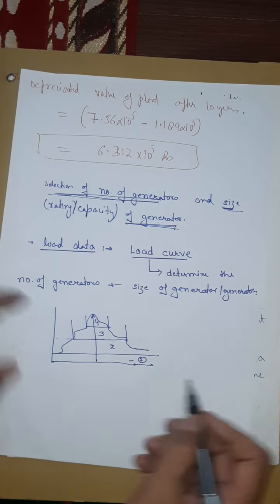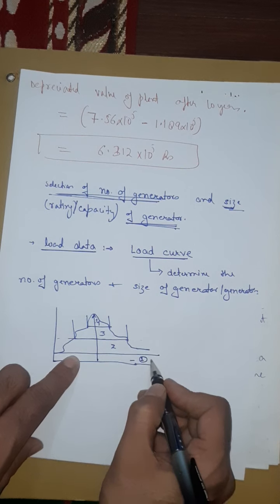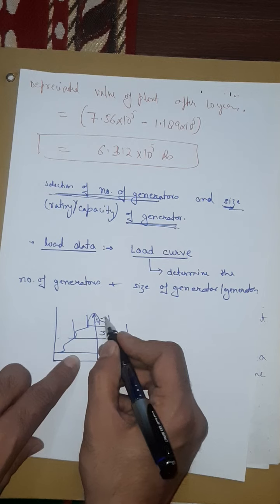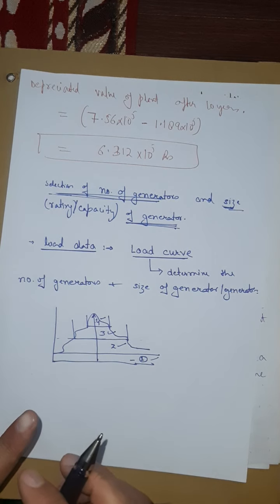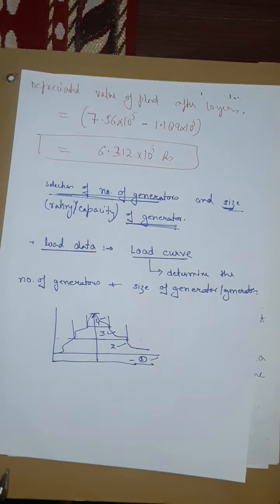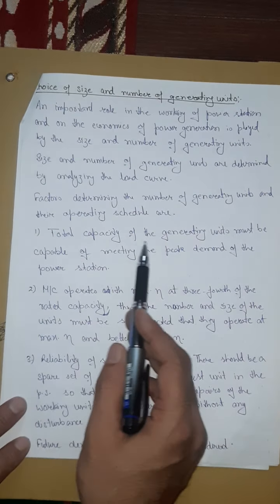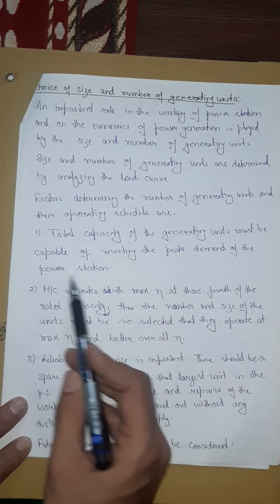The summation of the capacities, that is the capacity of this generator plus the capacity of generator 2 plus generator 3 plus generator 4, if I take the addition of all the capacities, these capacities should be able to satisfy the peak demand. That is what I have written here: the total capacity of the generating units should be capable of meeting the peak demand of the power station.